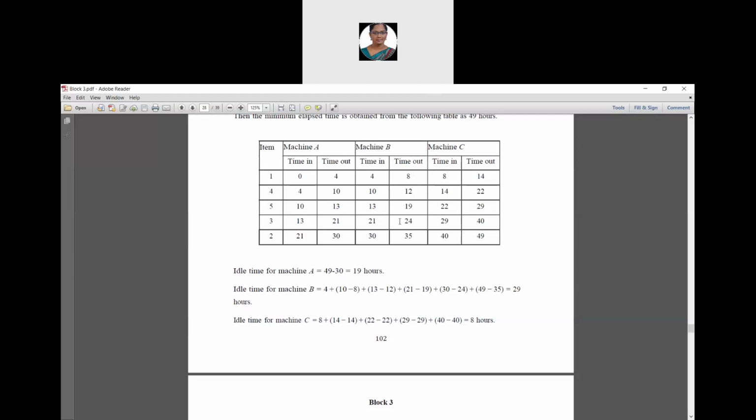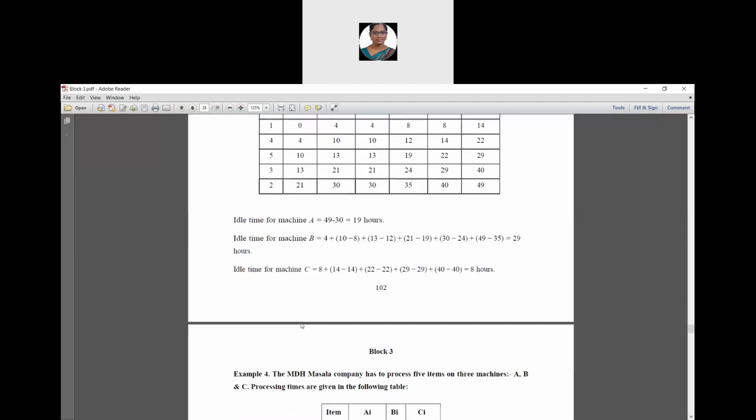Then the total elapsed time 49 minus the final out value of machine B, which is 35. Then the idle time for machine C is the first in value 8 plus the difference between 14 and 14, which is 0, plus the difference between 22 and 22, plus the difference between 29 and 29, plus the difference between 40 and 40. It is 8 hours.